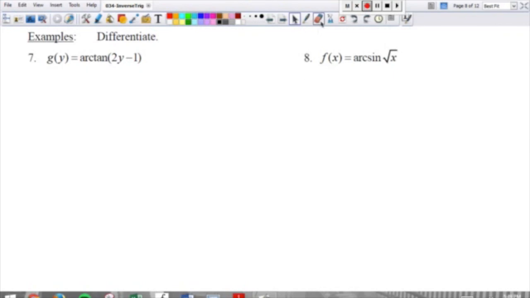Alright, guys. Here we go. So the first thing I notice is that this says arctan. So I'm going to use the arctan rule, not the arc cosine, not the arc sine rule. Interesting. Spicy. Muy caliente. 2y minus 1. So that's the inside part.